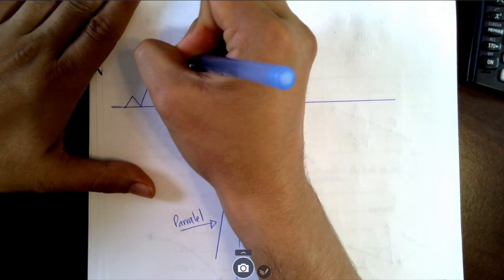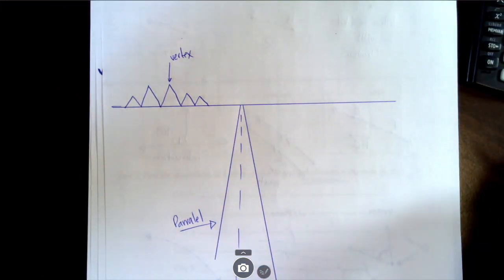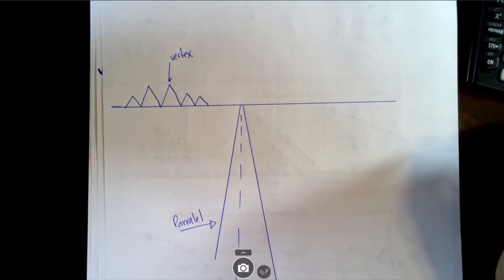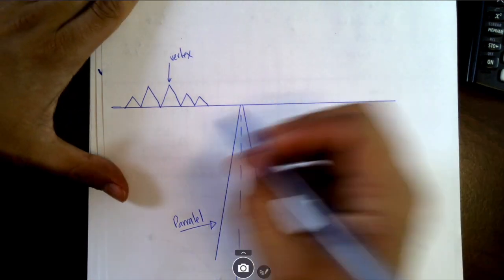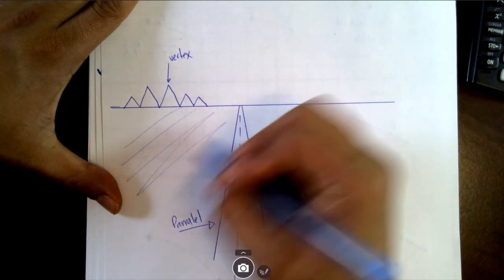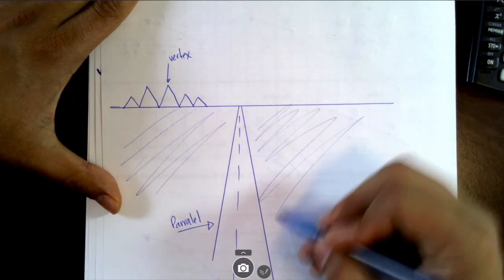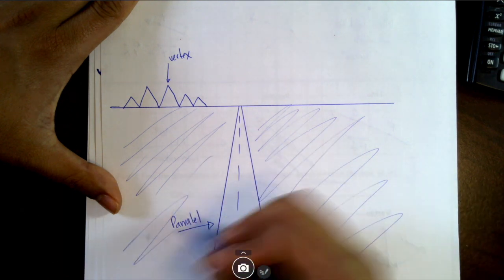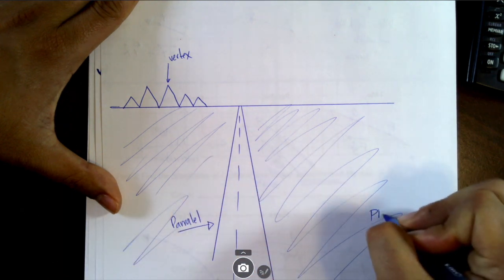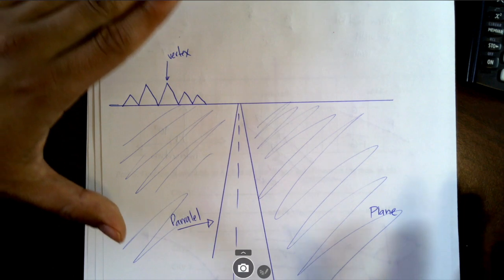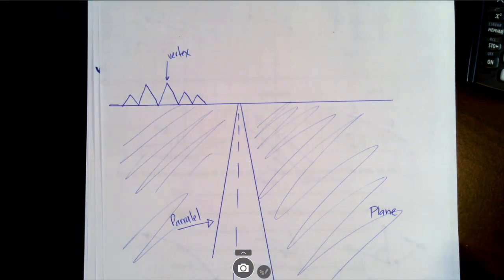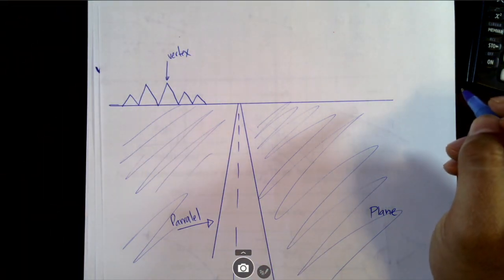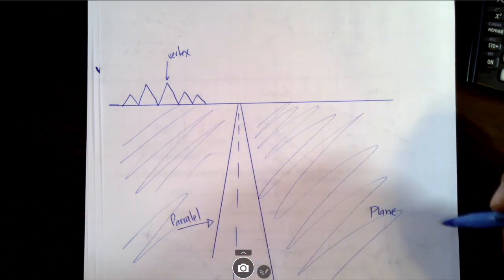That's a corner. Vertex. So now I got 2 words. Let's say this entire land, that's my plane. Okay, it's flat. What else? So I got 3 words.